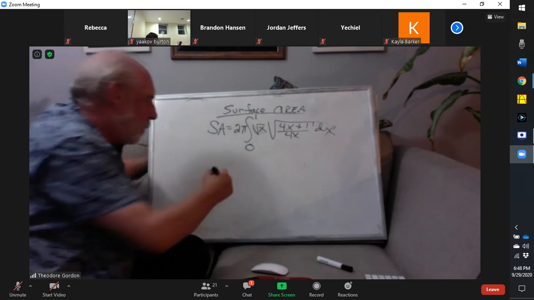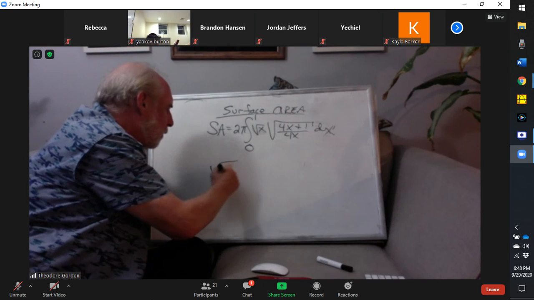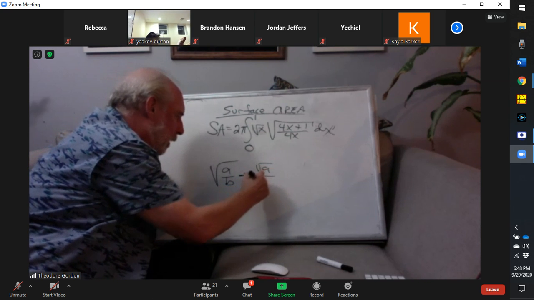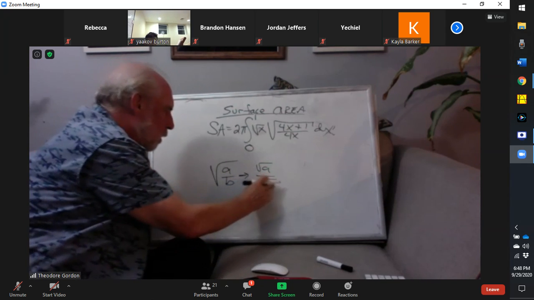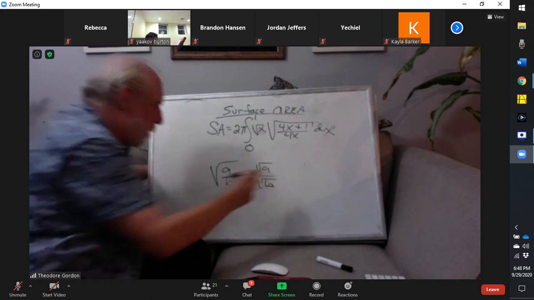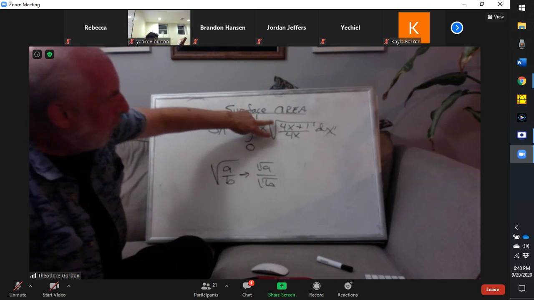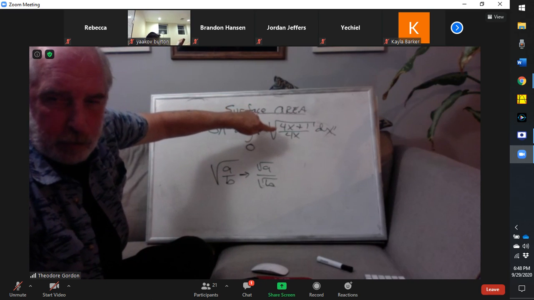Don't write this down. If you have the square root of a over b, I can break that into the square root of a over the square root of b. So I'm using this little property here. I'm going to break this piece into 2 square roots.